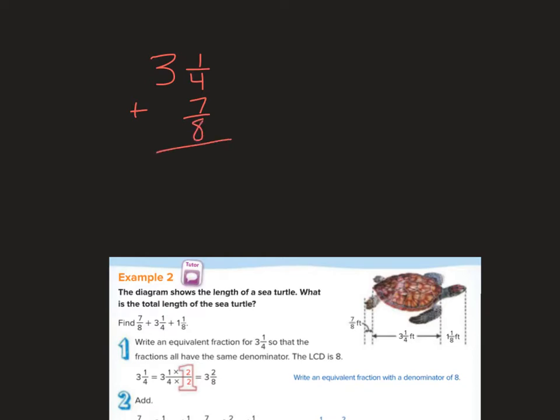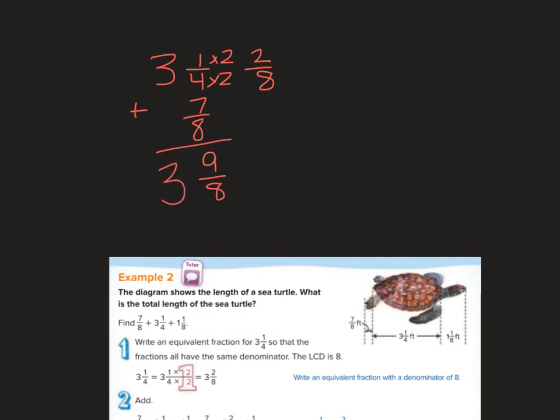Okay, so if I'm going to get common denominators to add 1/4 and 7/8, I would need to multiply by 2 to get 2/8. Okay, so here I have 2/8 plus 7/8. So that would get me to 9/8. And then 3 plus nothing will get me 3.